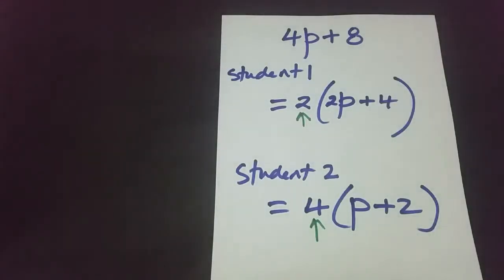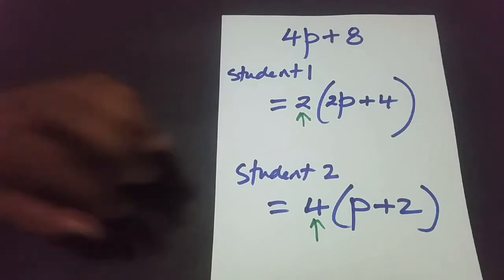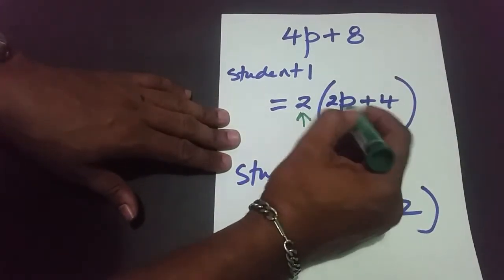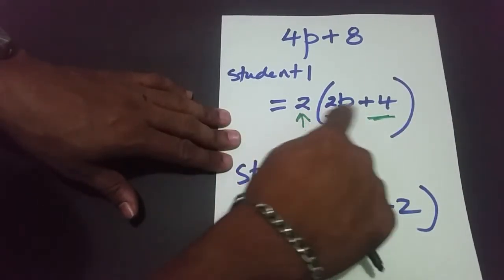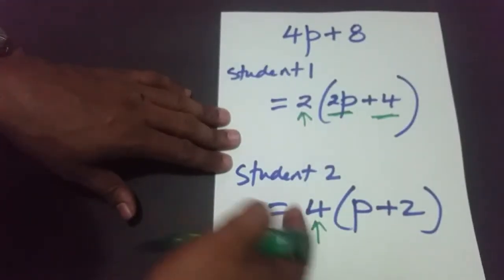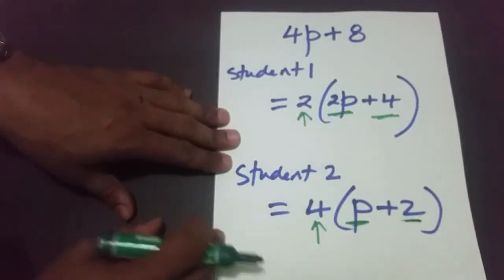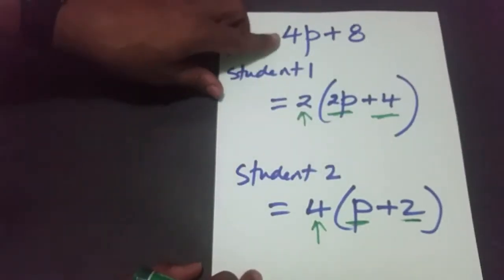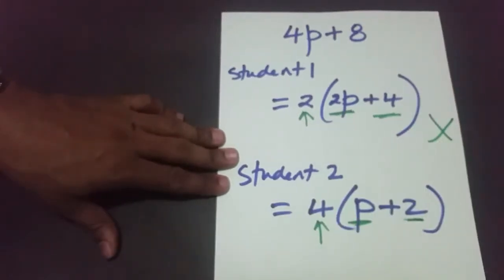Now, my question is, who has factorized completely? Meaning, when you look inside the bracket, you should not see anything that is common inside the bracket. And if you look closely at 2p and positive 4, 2 can still come out of this. Now, when you look inside here, 4 came out, and there's nothing else common inside here. Can't take anything else out of that, right? So, if you were asked to factorize this expression completely, this student would have gotten it incorrect.